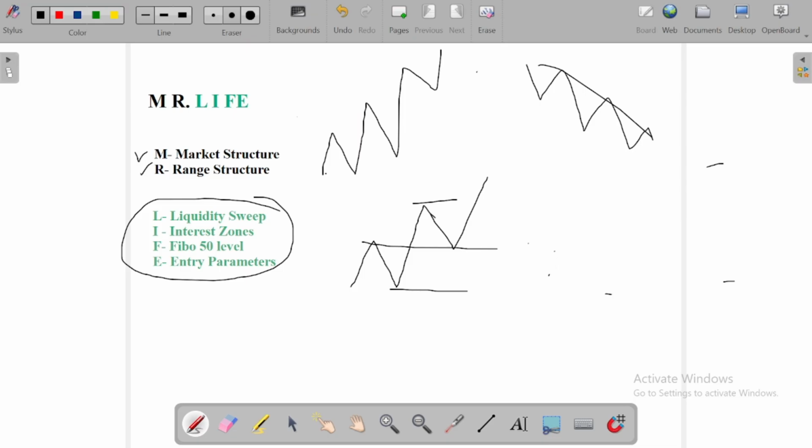Maybe the market is like this. Market is moving, for example, the market is moving in bearish trend, right? So if you see something like this is what we are seeing on higher time frame. If you now see something like this, liquidity sweep. This is an advantage for us.